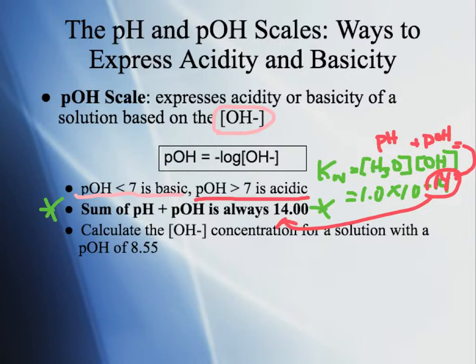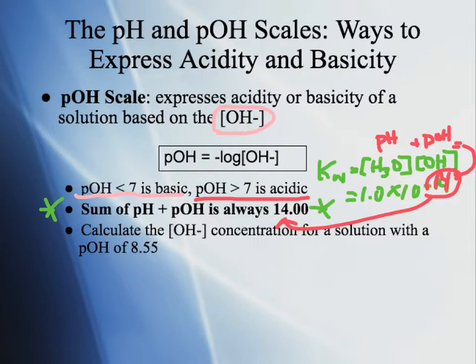All right, here's an example of a particular problem that is going to require the inverse log. How fun is this? The inverse log of our pOH. So before we had our hydroxide or hydronium ion concentrations, and then we solved for pH or pOH.